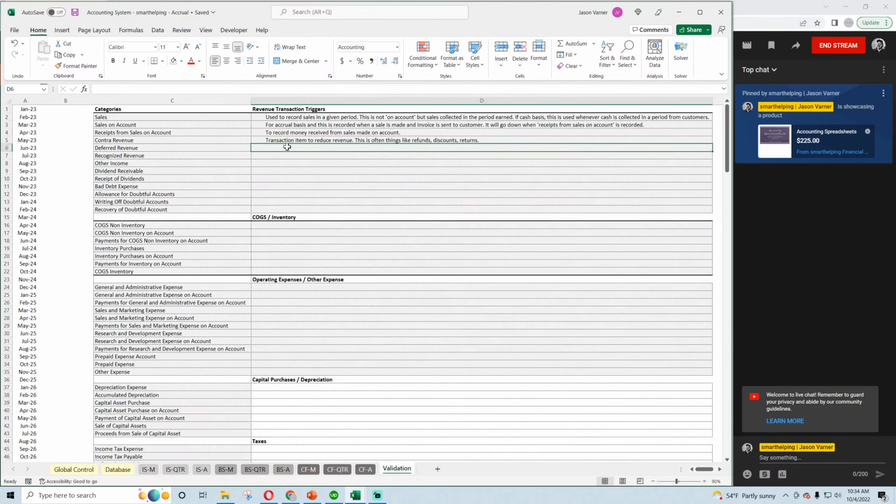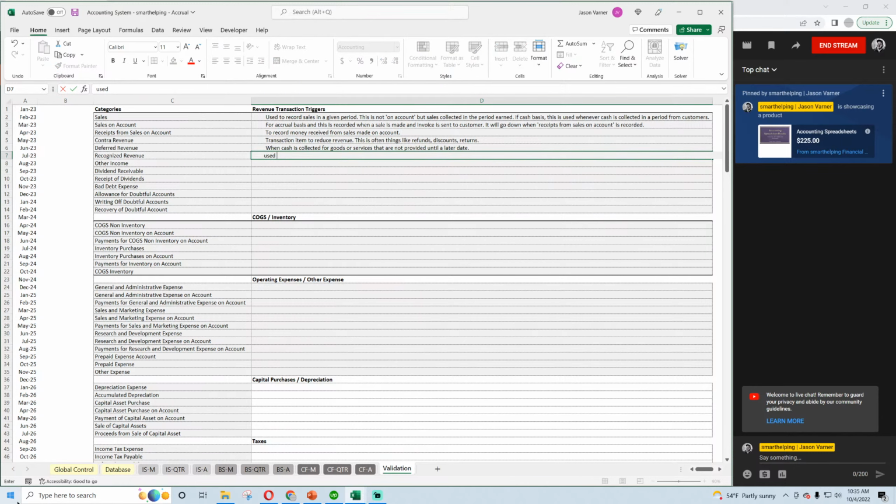Let's describe that. So deferred revenue and recognized revenue. When cash is collected for goods or services that are not provided until a later date.